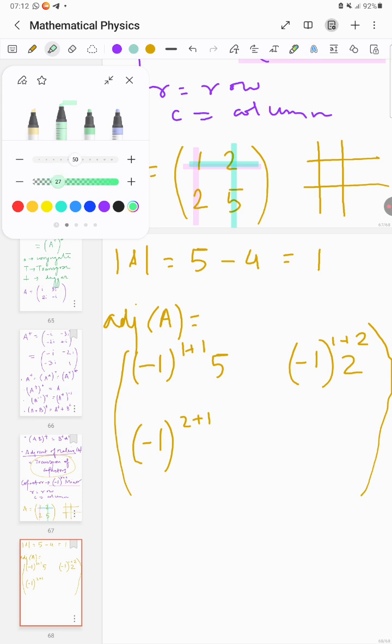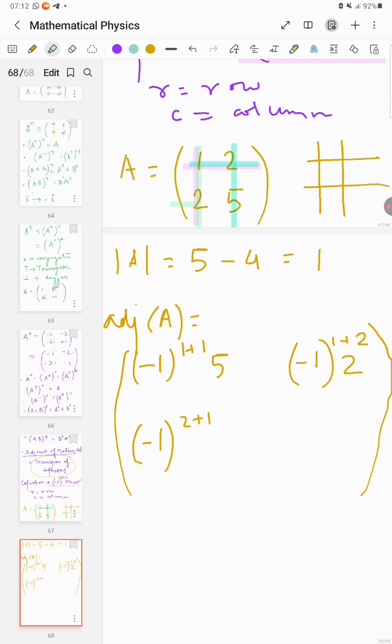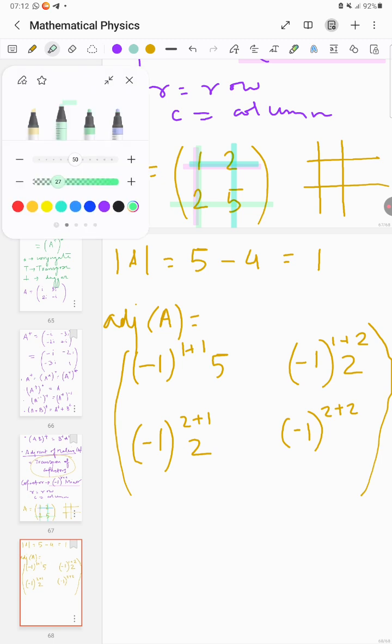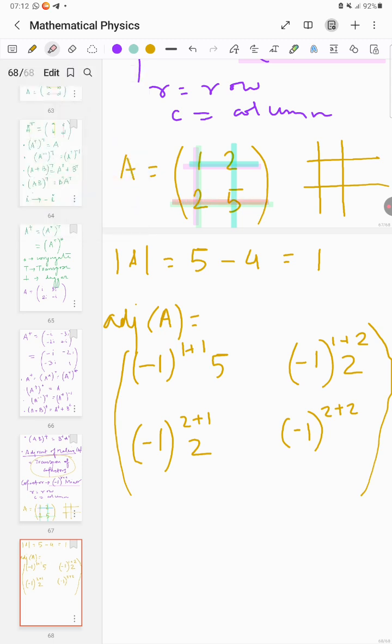So hiding the third element would give us 2. Similarly, the fourth element belongs to second row and second column, so it will be minus 1 to the power 2 plus 2, and again hiding the fourth element would give us 1, so this would be 1.